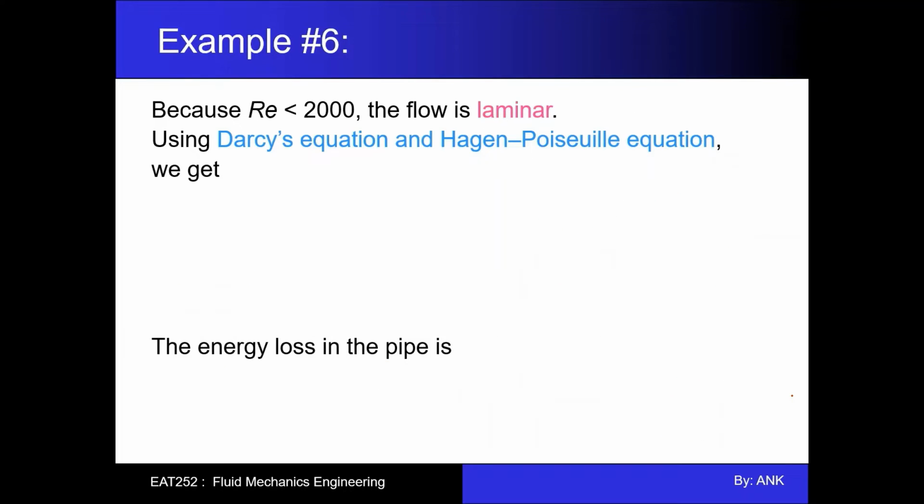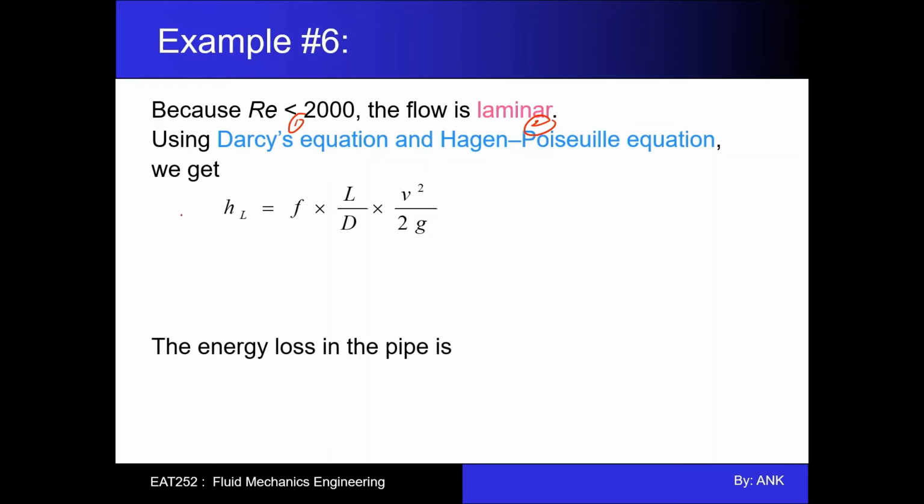First, we can use the Darcy equation, and the second one we can use the Hagen equation. Let's say we choose the Darcy equation to determine the energy loss in the pipe.